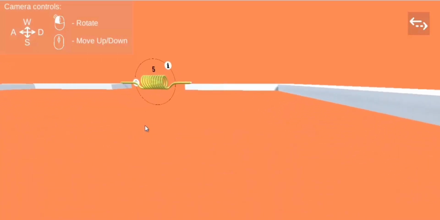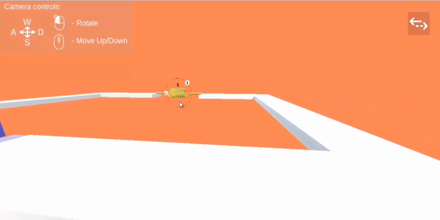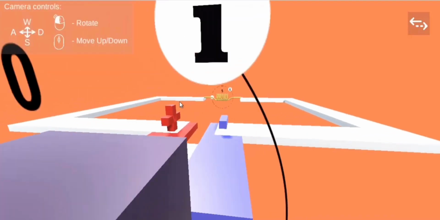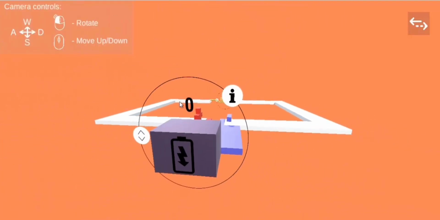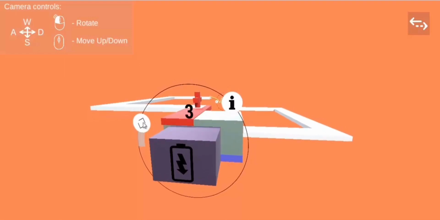If we went closer, we see this is the resistance of the wire. This white plank is not a realistic thing. The white plank is just there for our convenience of understanding how charge flows. So right now there is no voltage, the battery is at 0 voltage.